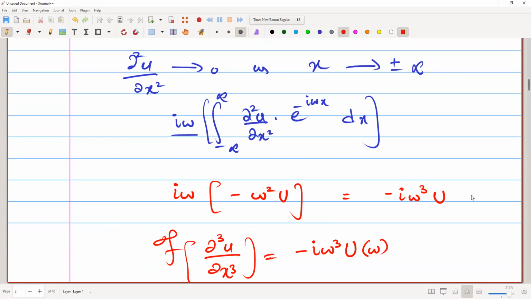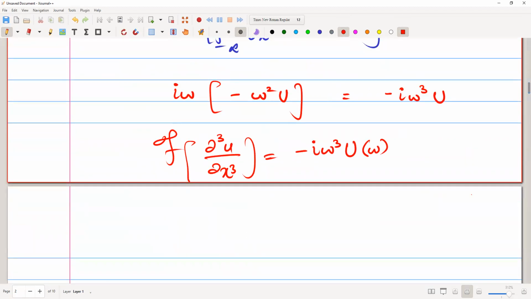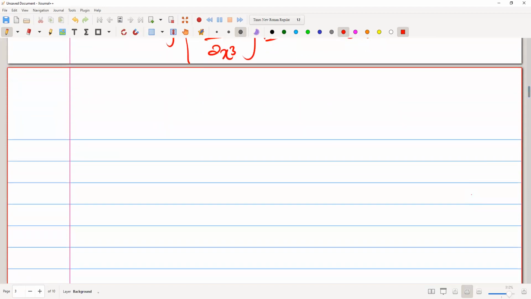Since it's a partial derivative, you might get confused about why we are using only one variable. You can write it as u(ω, t) or something like that, as we will see in terms of the heat equation when we use these transformations, right? So in general, how can we write this?